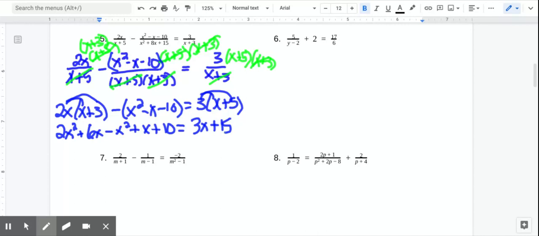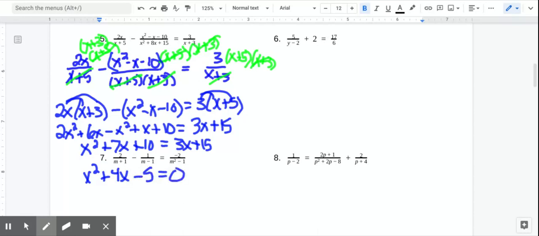All right, let's combine some like terms here. So we get x squared plus 7x plus 10 equals 3x plus 15. Now this is a quadratic, so I'm going to move everything to the left side. So I'm going to subtract 3x from both sides. I'm going to subtract 15 from both sides.